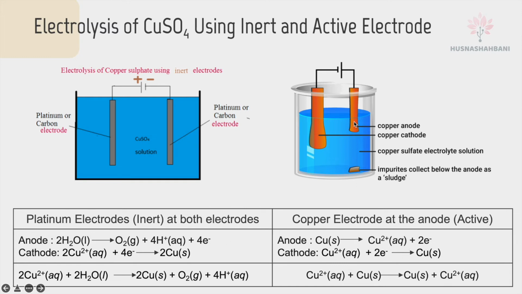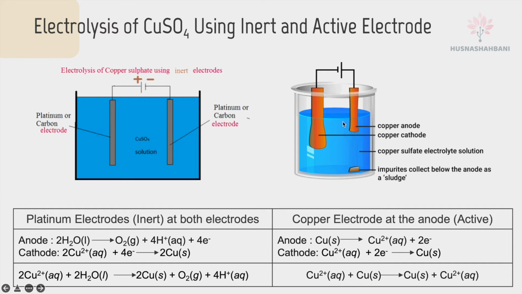But if you put an active electrode here, you put a copper anode, and you have the same electrolyte that has the same ion, copper sulfate electrolyte. So this active electrode will be chosen.